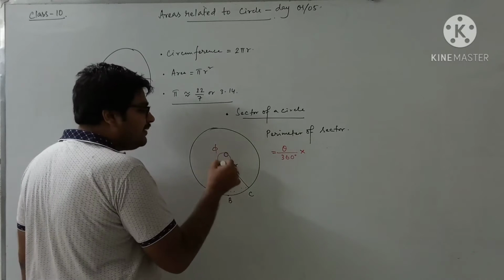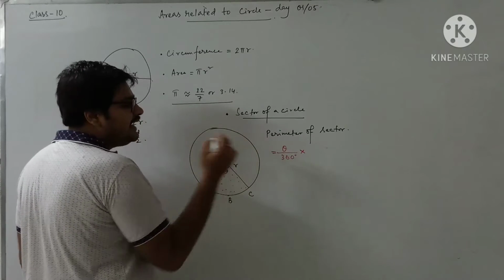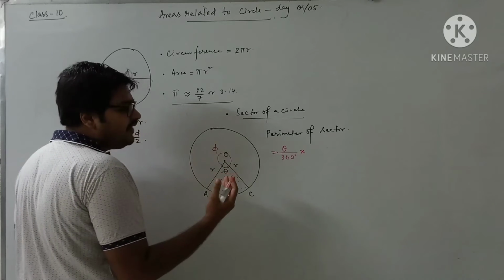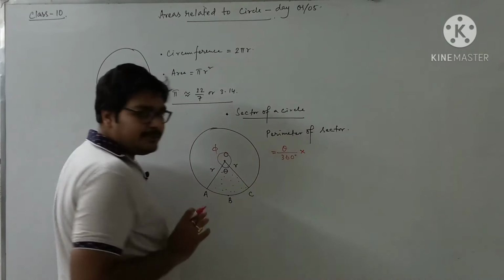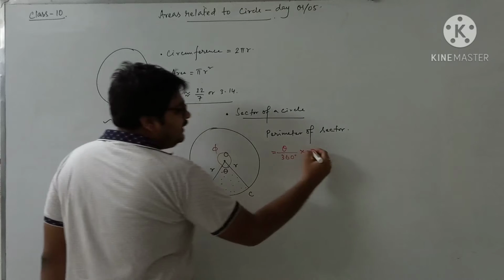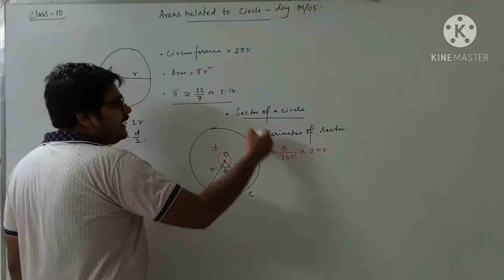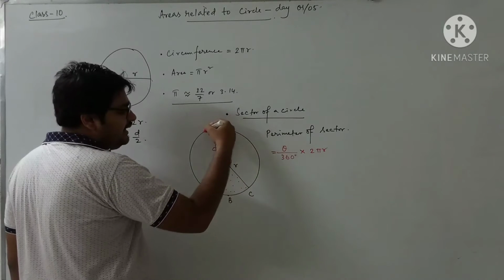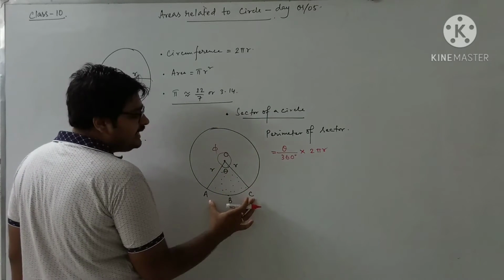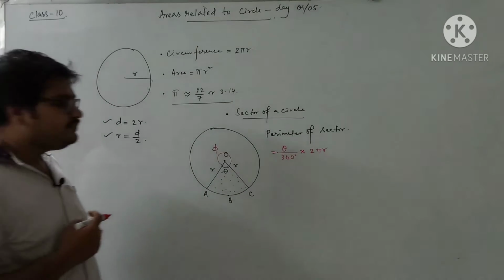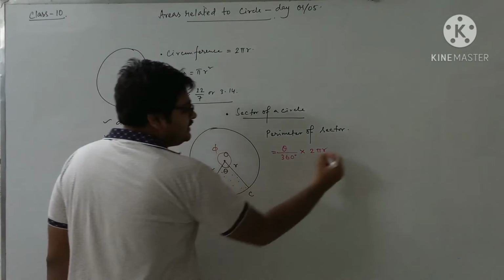So theta by 360 degrees, into 2 pi r. So with respect to the complete circumference of the circle, what is the length of this arc AC? I got it.